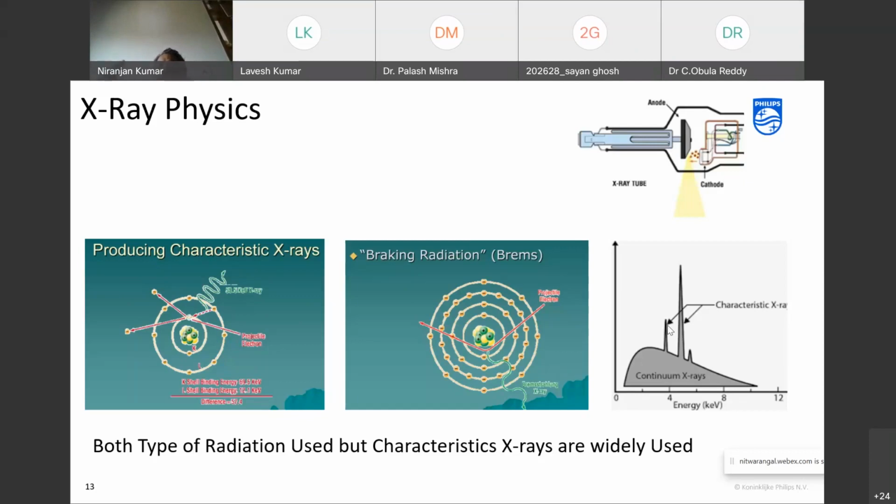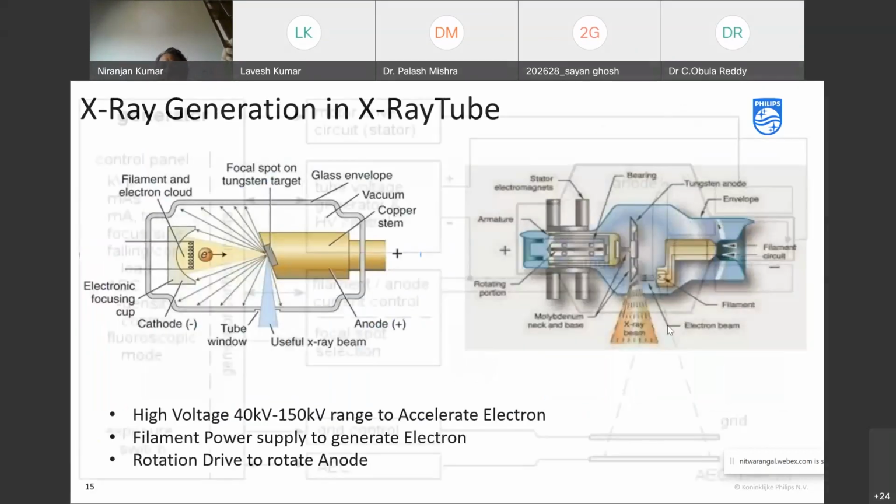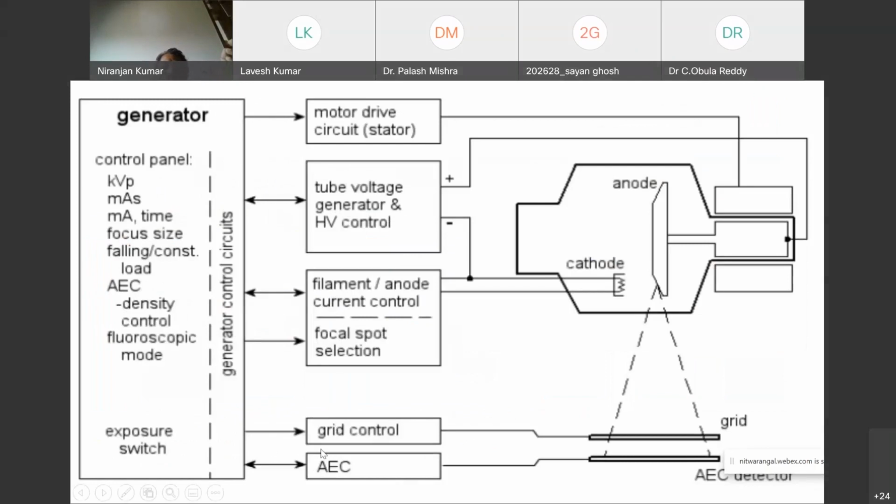So voltage is building up but electrons are not going, and that is what is called grid control. So we have grid control and automatic exposure control. These are all management of the X-ray, but fundamentally it is motor drives, high voltage, and the filament, and all this is managed by the X-ray generator.